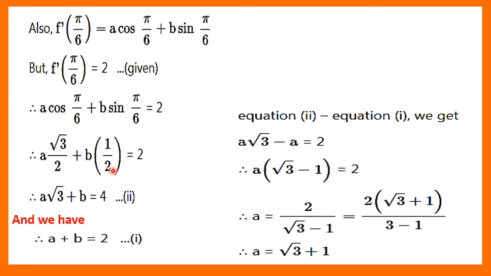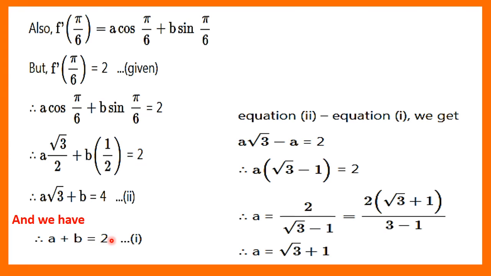On simplification, we get a into root 3 plus b into 1, b, is equal to 2 into 2. Here the denominator is the same, that is 2, and take it to the RHS, then it is 2 into 2, 4. Consider it as equation number 2.